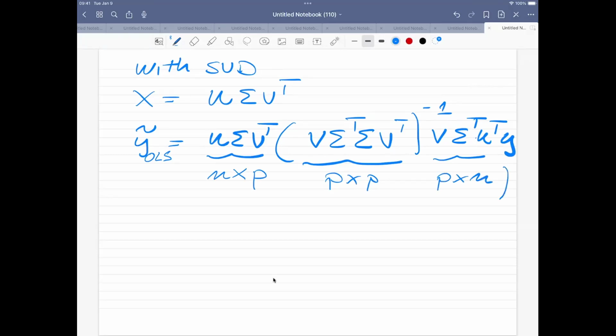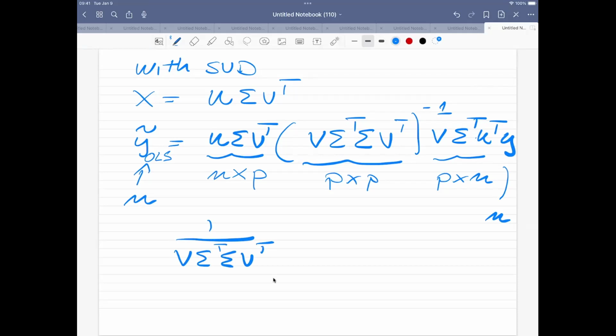Y has dimensionality N, and this has also dimensionality N. But we can write this in a more compact way, and what comes in now is an important aspect. If you look at this matrix, V sigma transpose times sigma V transpose, it seems as if we can't do anything, right? Now comes a hidden gem in linear algebra.